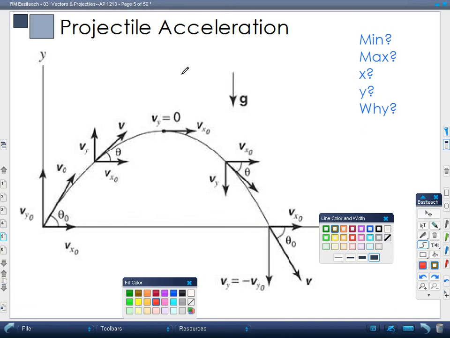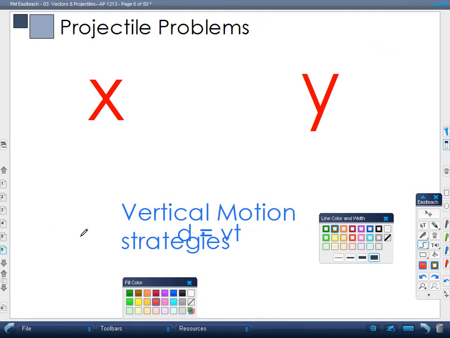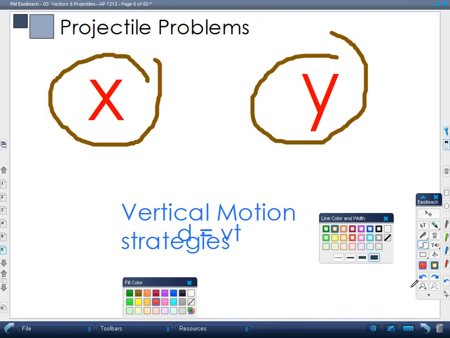What's really powerful about this motion map is that it pretty much answers every conceptual question that you can be asked about projectiles. Pretty much all the classic conceptual questions about a projectile tend to be about its velocity, in particular its horizontal velocity or its vertical velocity, and its acceleration. So when you're doing projectile problems, you're going to be thinking about the x and the y, the horizontal and the vertical.